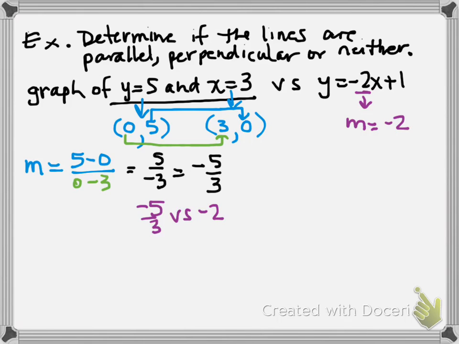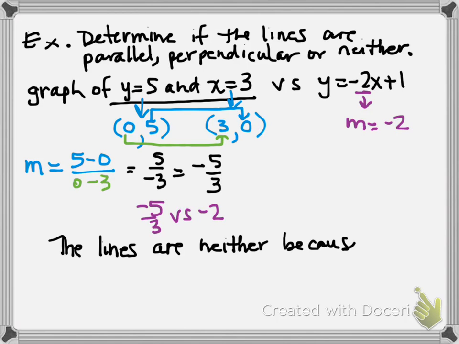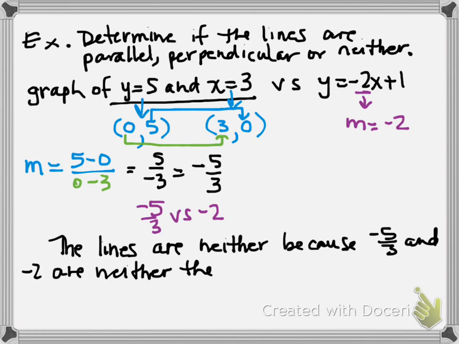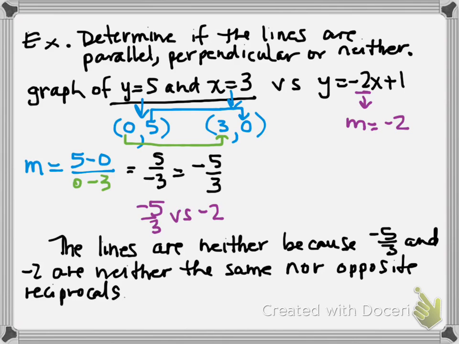So we would say they are neither. The lines are neither, because negative 5/3 and negative 2 are neither the same nor opposite reciprocals. So you give an explanation as to why it is.